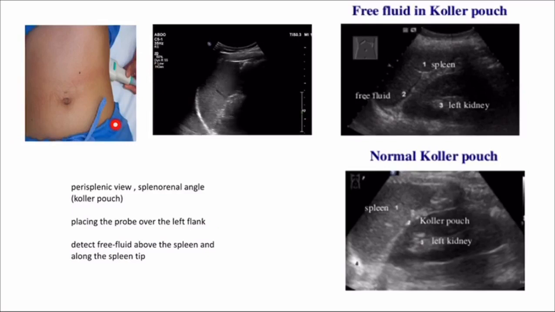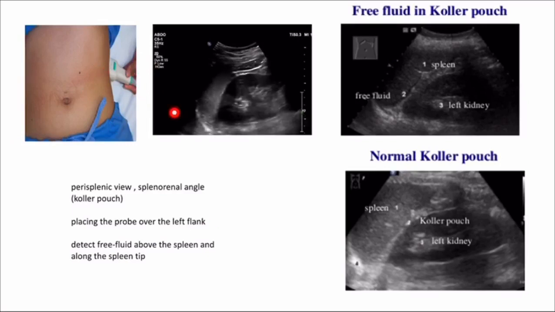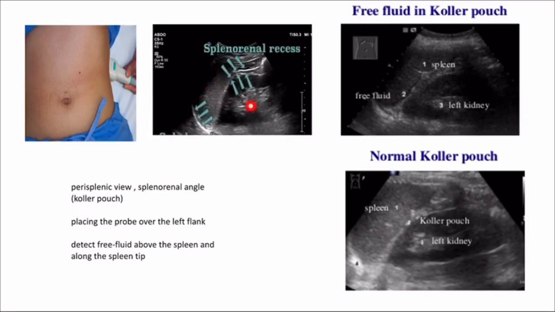Okay, so this is the probe placed in the left upper quadrant, and to orient you, this is the image that is produced. This is the spleen, the left kidney, and there is a potential space in between the spleen and the left kidney, which we call the splenorenal angle or Koller's pouch. Normally it is just lined by a thin layer of fat coming from the spleen and the perirenal area.